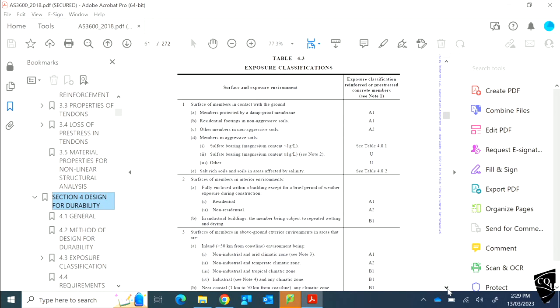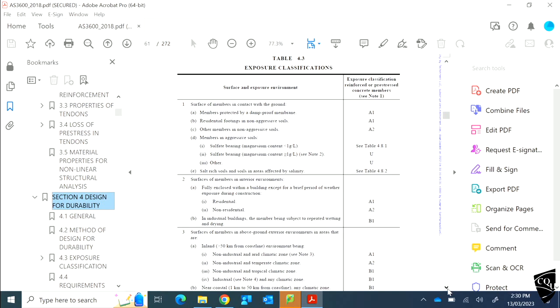If it is something on the seaside or structures on the ground, because when the structure is touching the normal soil, we should be careful, because it depends on the acidity of the soil and the moisture that will give some issues to the reinforcement as well as concrete strength.